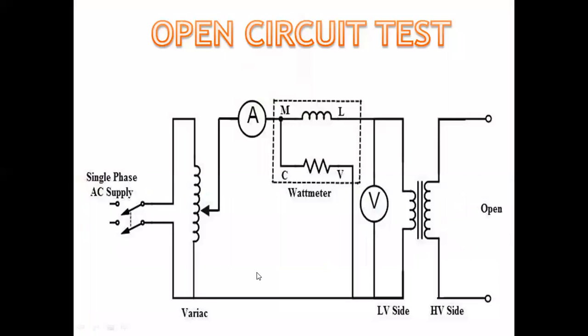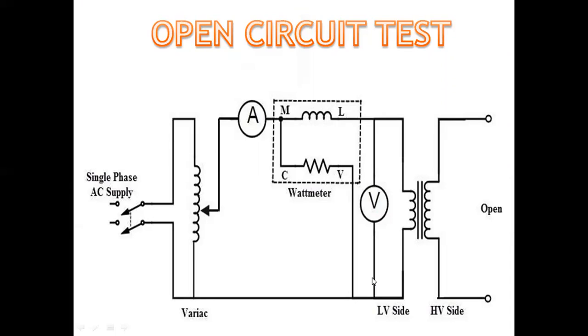So this is the general circuit diagram of the open circuit test of a transformer. This is a single phase AC supply, and the test is performed on the low voltage side, and the high voltage side is kept open with the help of a voltmeter.